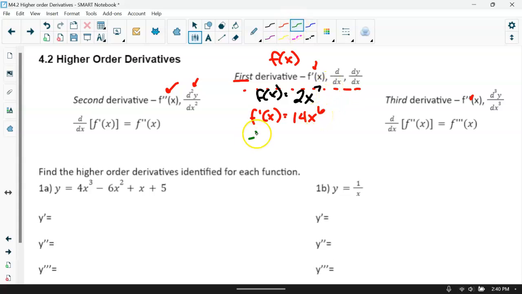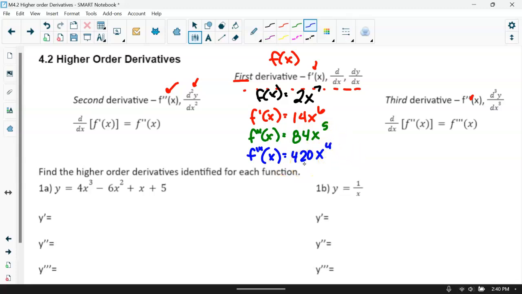Then the second derivative is just multiplying again, so now this is 84x to the 5th. What is the third derivative? Again, we multiply 84 times 5, which is 420, x to the 4th, and then just keep on going.